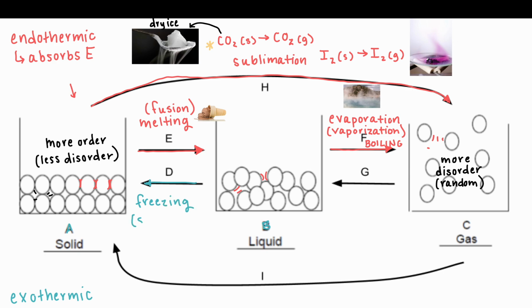Another term for freezing is solidification. Okay, so solidification has the word solid in it. So just think of a liquid is going to be freezing into a solid or solidifying into a solid.